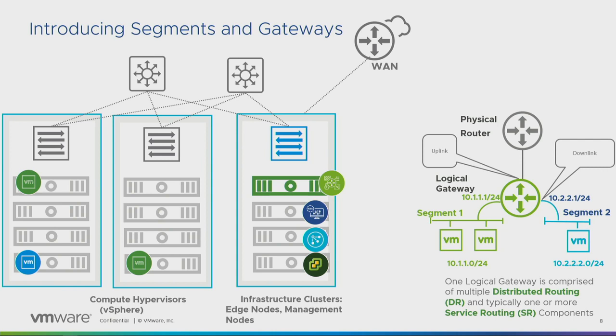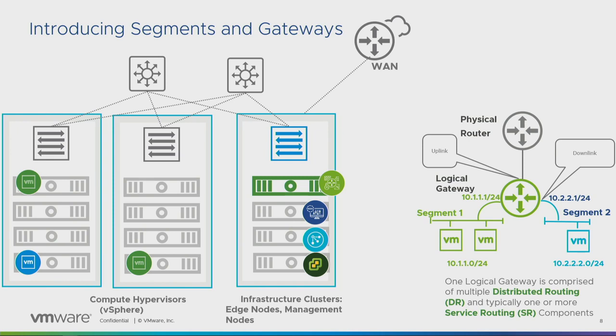So if you now take the physical look, again, those VMs are represented there. You can see we connect the ESXi host, obviously, to a switch fabric of some sort, typically leaf-spine. If you want to establish routing between segment 1 and segment 2, we do this by exploding this green router into multiple different components.